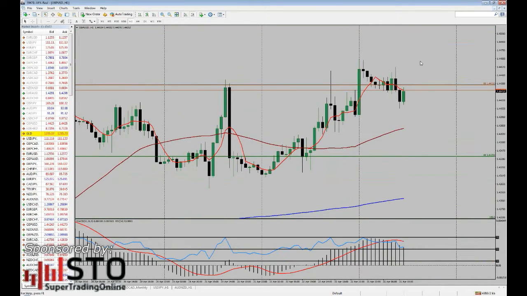Additionally, you have to understand this position that I just talked about, a short from the 100 level, is not a swing position.